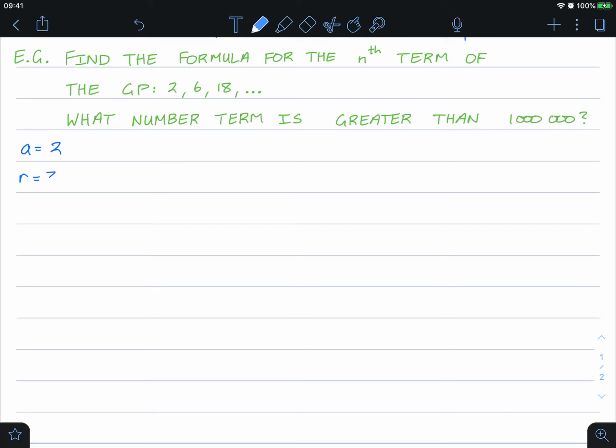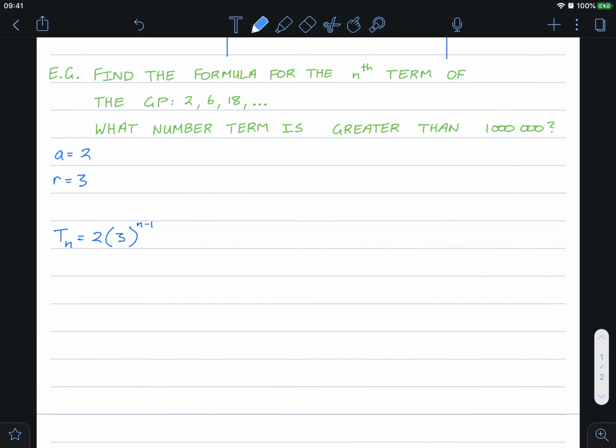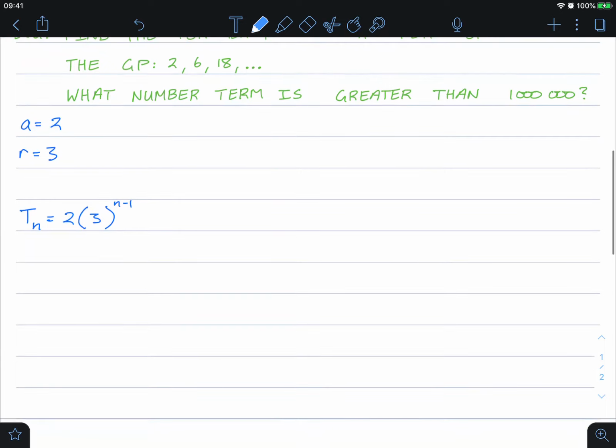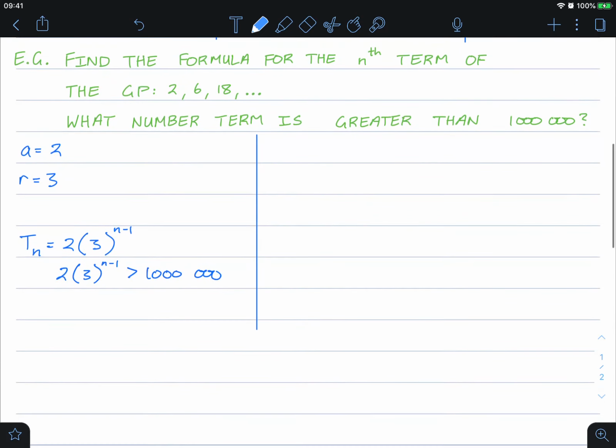So r is 3. So Tn equals 2 outside of 3 to the power of n minus 1. Now it's saying which number is greater than 1 million. So we're going to take the expression for Tn and let that be greater than 1 million. You can probably tell by now we're going to divide by 2 first.